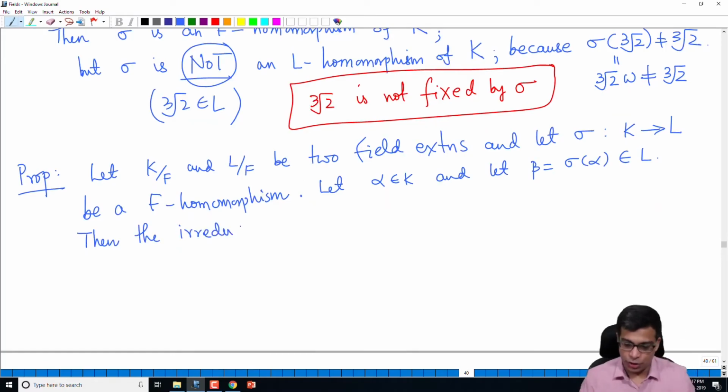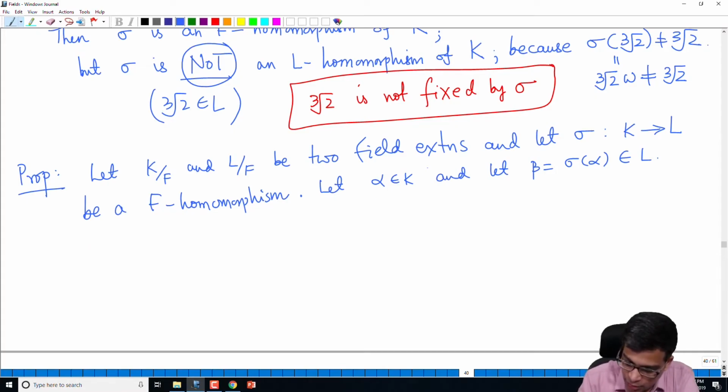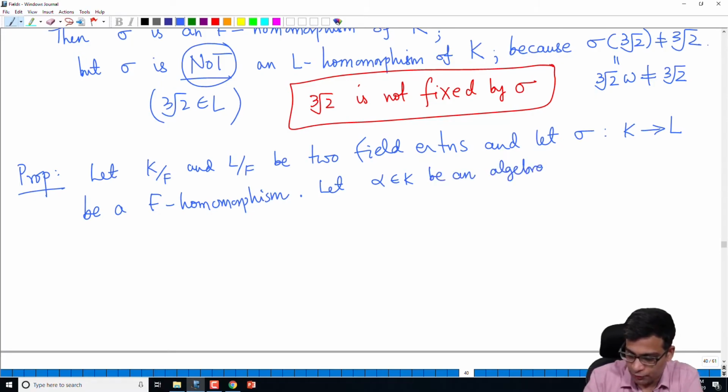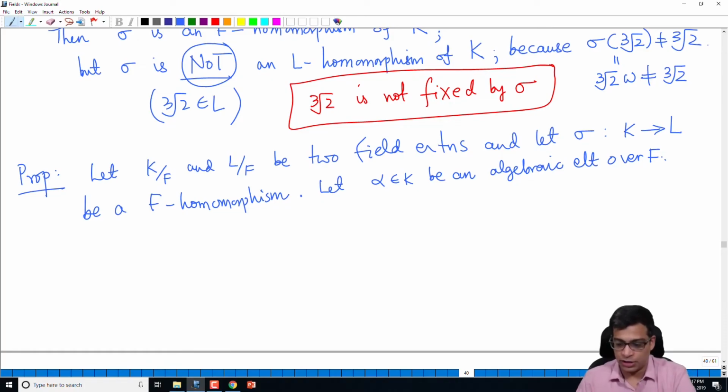Okay, so I should write here, let alpha be an algebraic element over F. Let us take an algebraic element. I am working in general with an arbitrary field extension which may not be algebraic, but alpha needs to be algebraic.